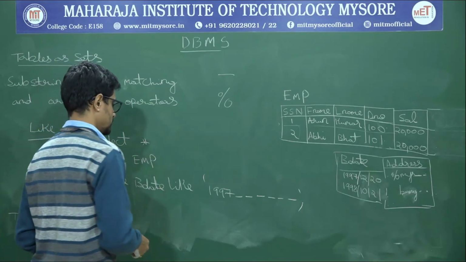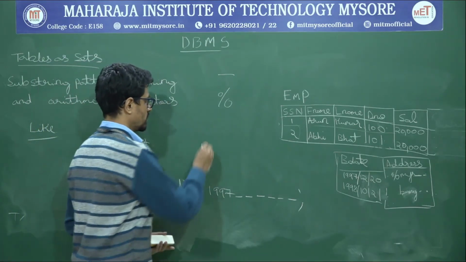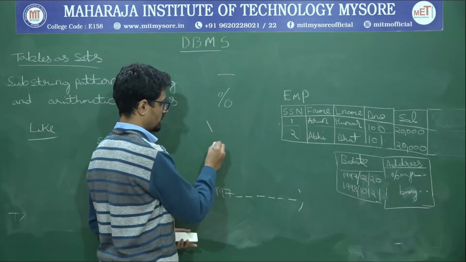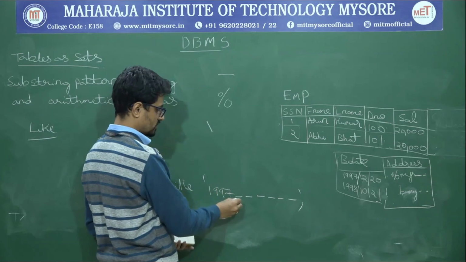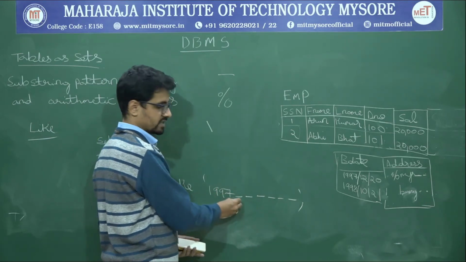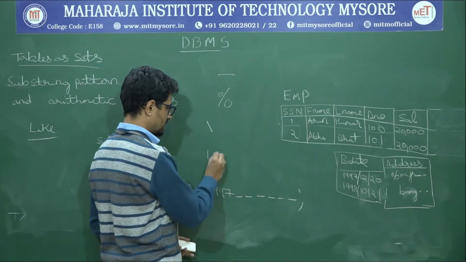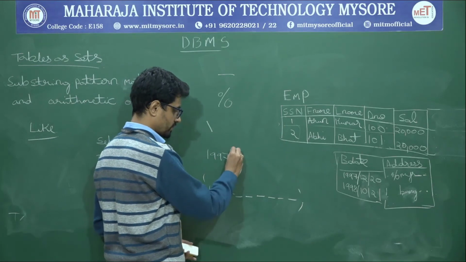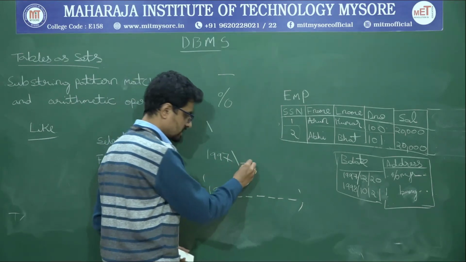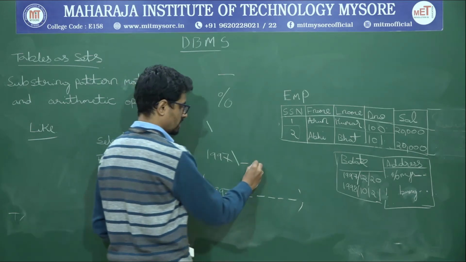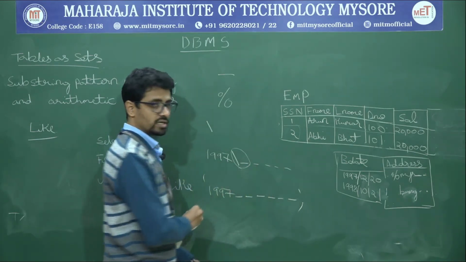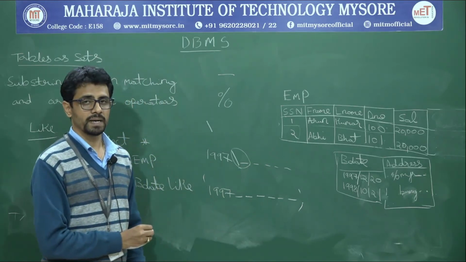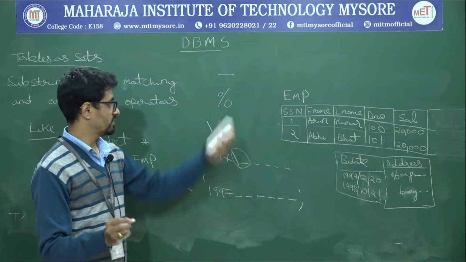What is an escape character? Whenever you are specifying a string, you can specify special characters. For example, I am saying that there should be an underscore after 997. At that time, you write 997, slash, this underscore. This says that it is not substring pattern matching as we just discussed.